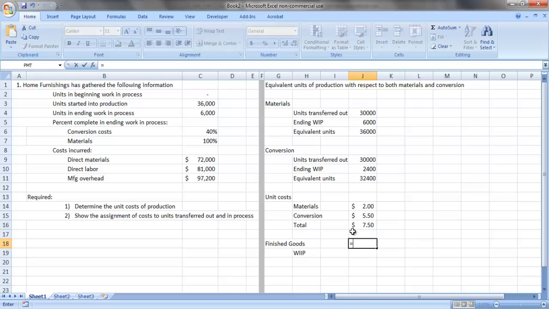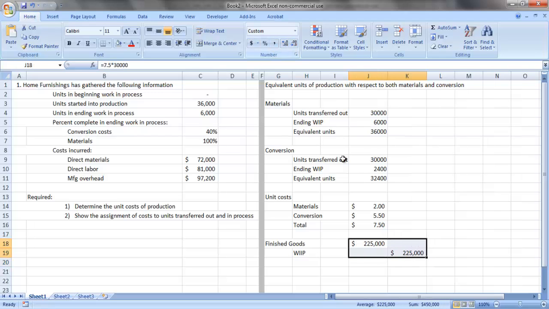Our total unit cost would be factored in, since those units were 100% complete with respect to every cost, and we multiply that by the number of units we actually transferred out, the 30,000. So we'd show $225,000 in cost being transferred from work in process to finished goods.